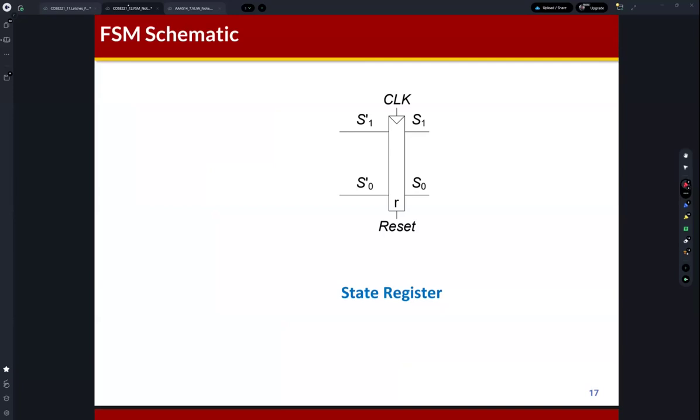So let's see the FSM schematic. The state register determines the state of this FSM. This is the register. The register represents multiple D flip-flops, right? And we require 2 bits for representing state.